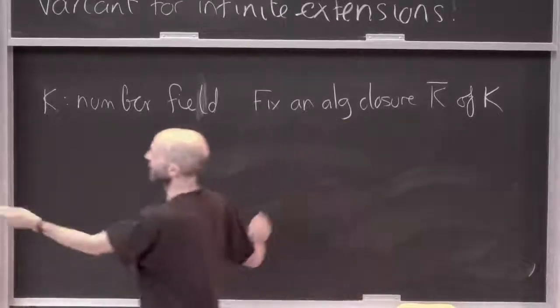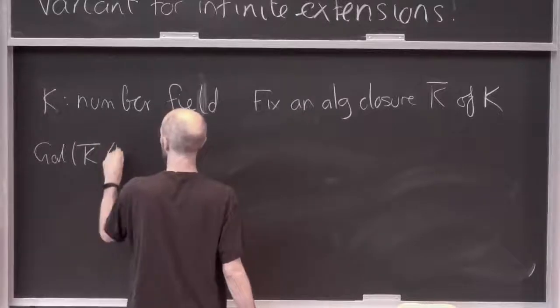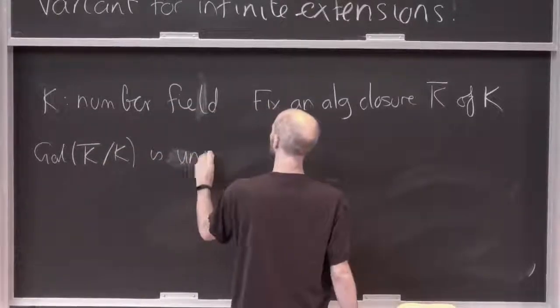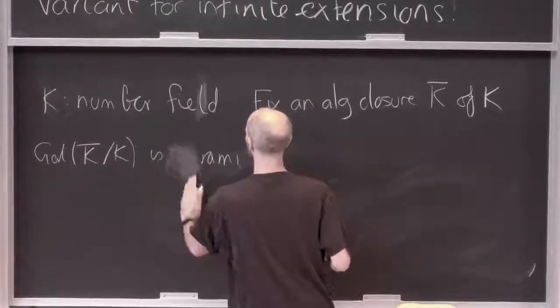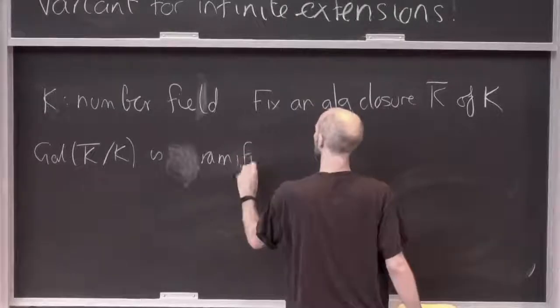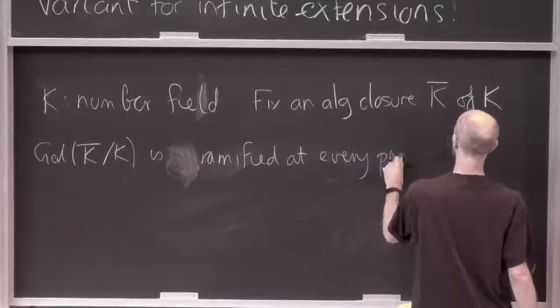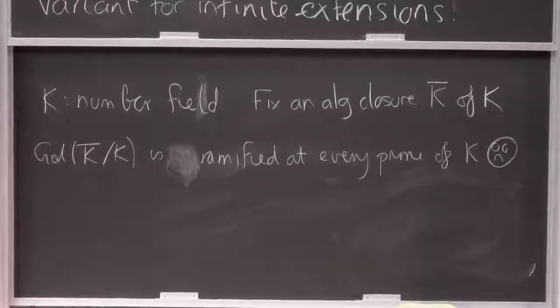The irritating thing here is Gal K-bar over K. This is too big, right? It's unramified at no primes. It is ramified at every prime of K. So that's not good.